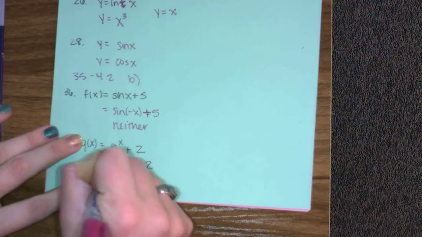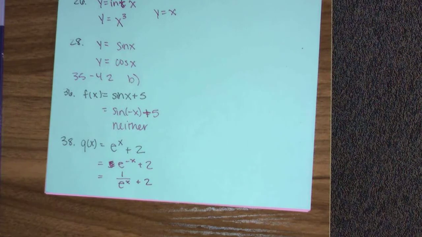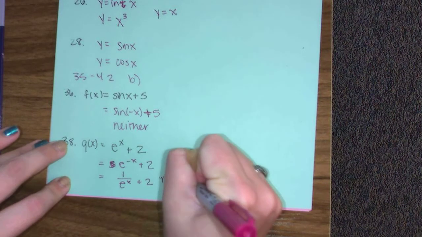So basically this just gives me 1 over e to the x plus 2. It's actually neither because it doesn't give you out the original function. The function would have to stay the same for it to do that. So that one is also neither.